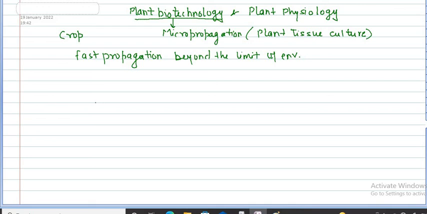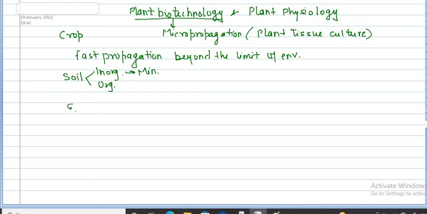You know, for growth of a plant, we need soil, which contains both inorganic and organic content. Inorganic content includes some minerals.